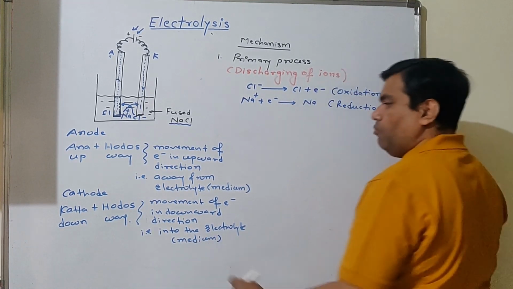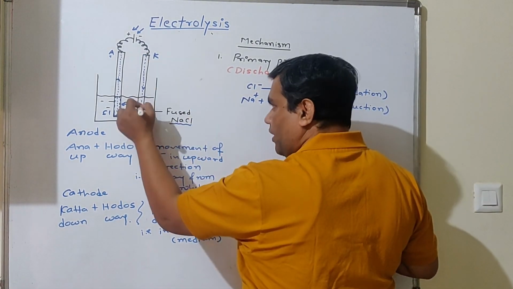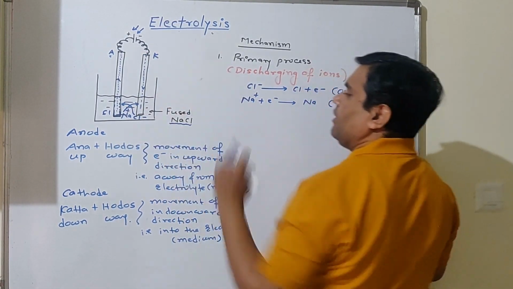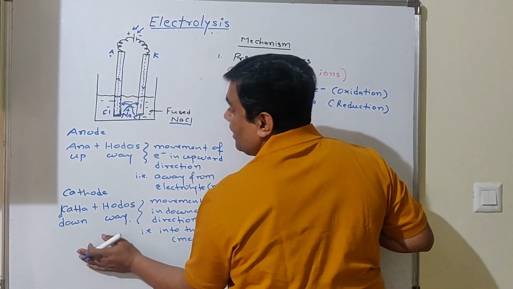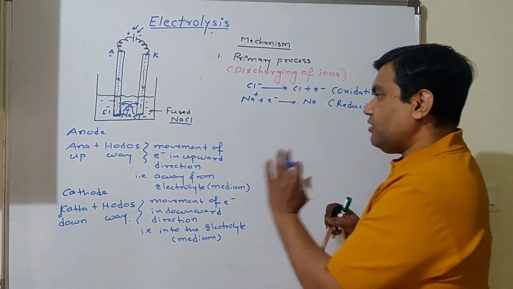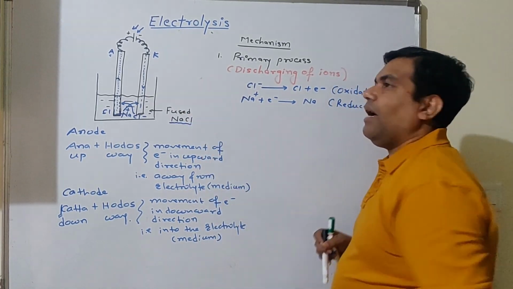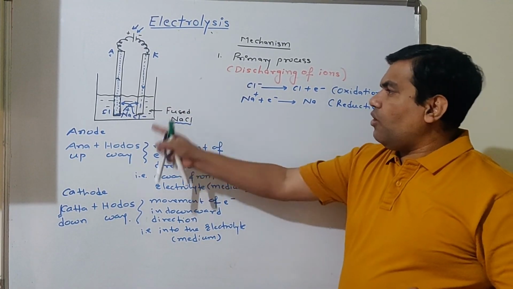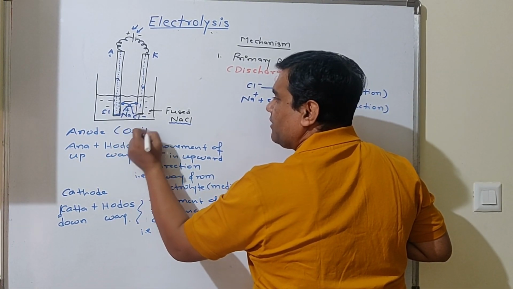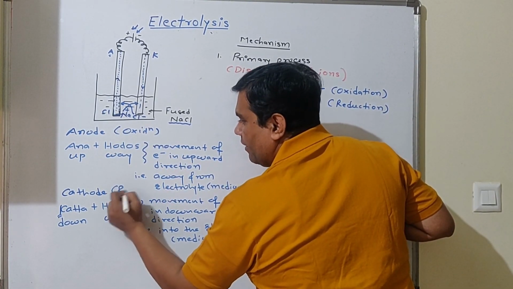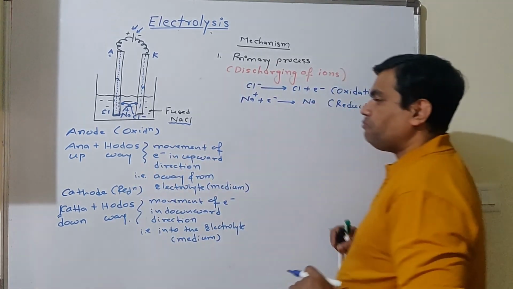So where the movement of the electron is in the downward direction into the medium, then it needs to be a cathode, and that is why it is denoted by K and not by C. Hope this will make you understand. Another thing is that the electrode on which the reduction takes place. So we can say anode wherein oxidation takes place and the cathode wherein reduction takes place.